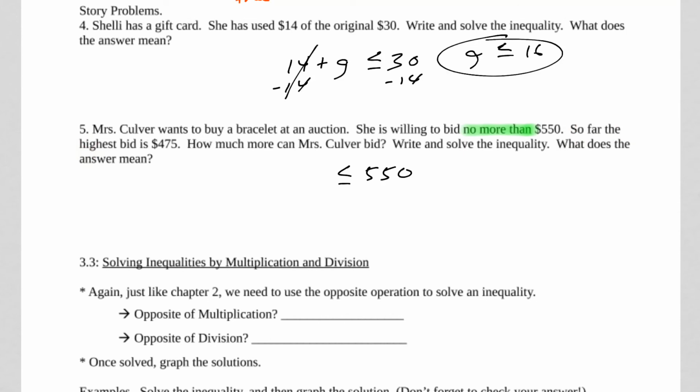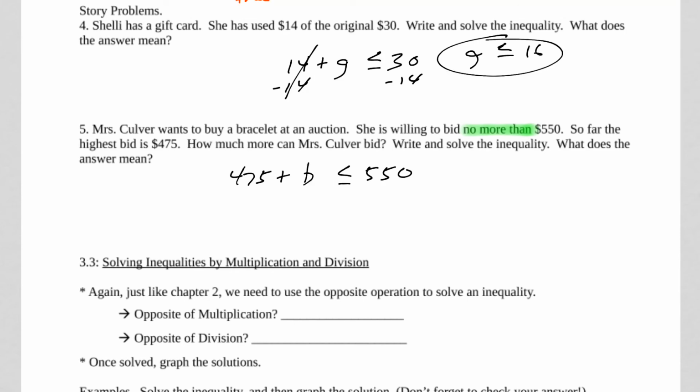So the current bid for the bracelet is $475 plus whatever Mrs. Culver was willing to bid. We'll call that B for the number of dollars that she is willing to bid in addition to the $475. And don't forget then that it has to be no more than $550. So it's less than or equal to $550.